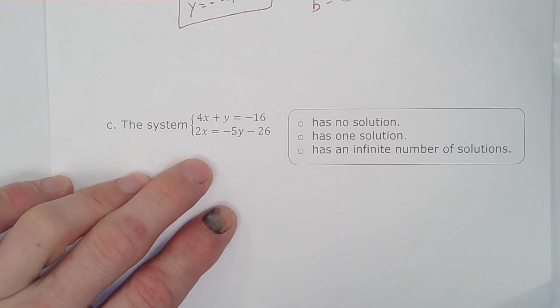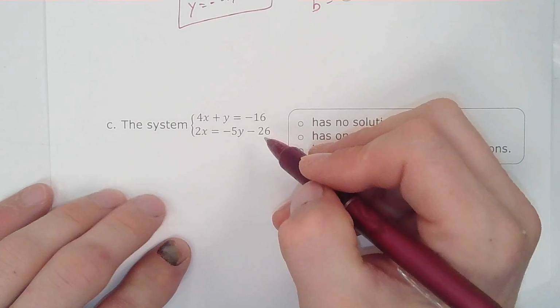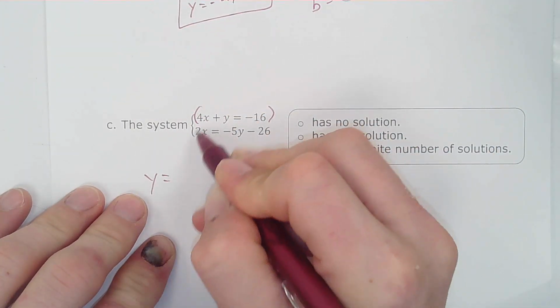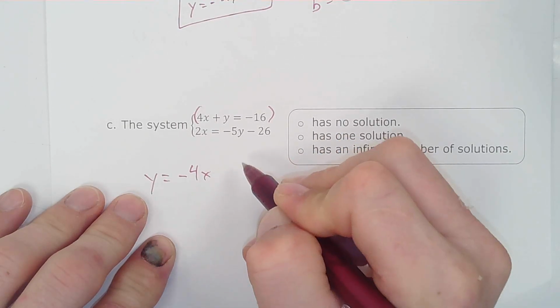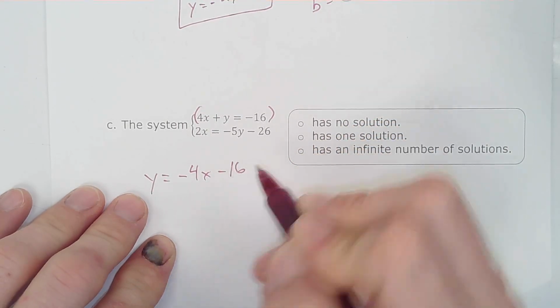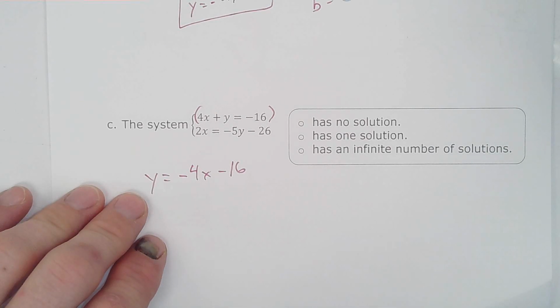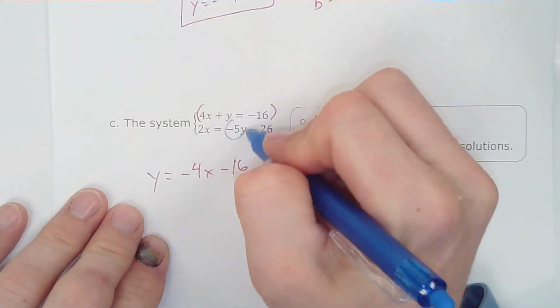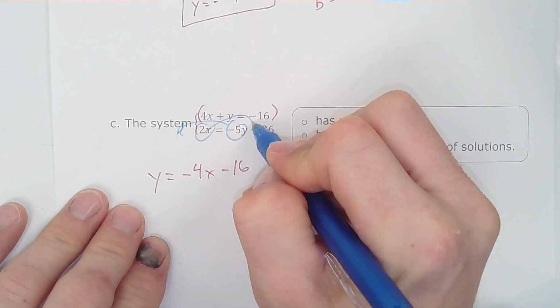Okay, now we have this one. Let me put this in terms of y. I'll start with this one. Y equals, I just have to bring the 4 to the other side, make it -4. Y equals -4x minus 16. Now I'm going to bring the 5 over here and bring the x over there.